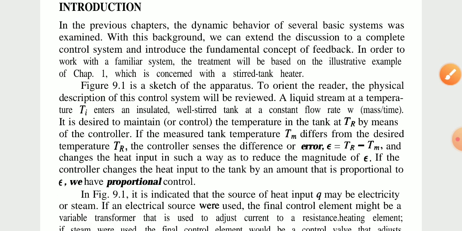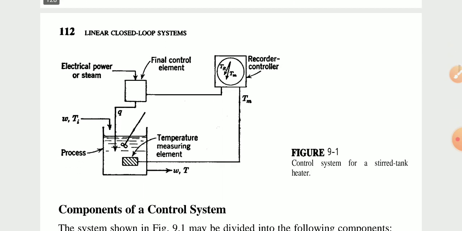In chapter 1 we saw the Laplace transform for a stirred tank heater. Now in figure 9.1 an apparatus is given to orient the reader. The physical description of the control system will be reviewed. This is a figure: control system for a stirred tank heater.